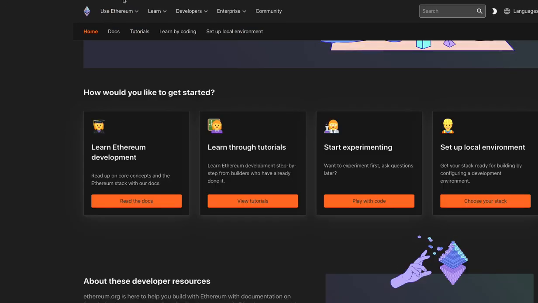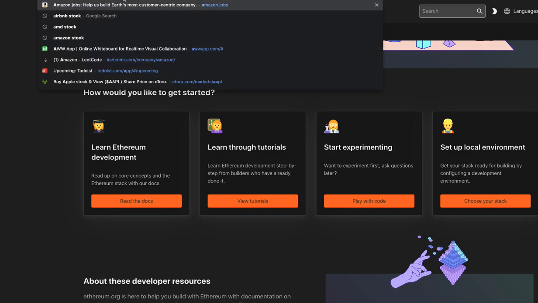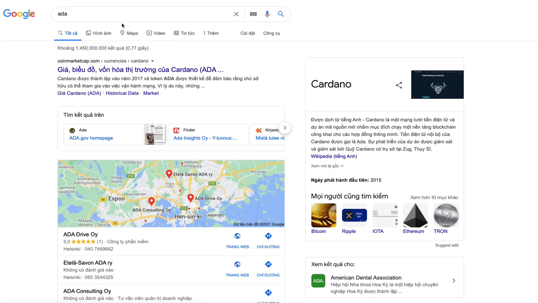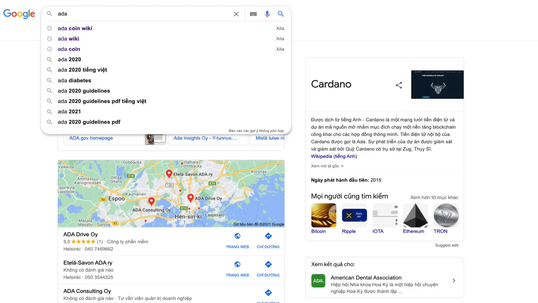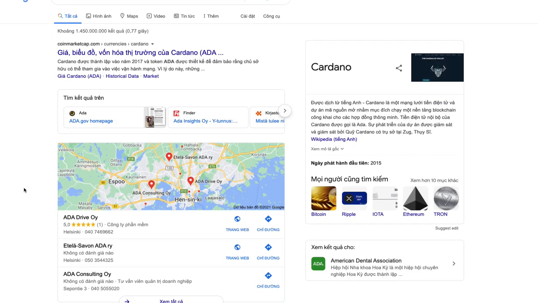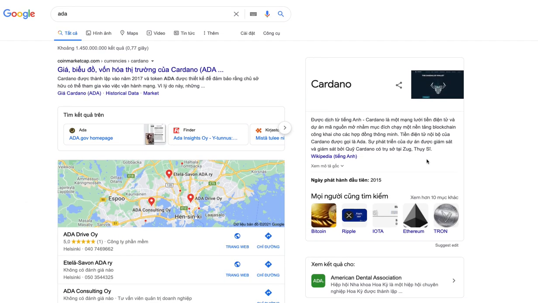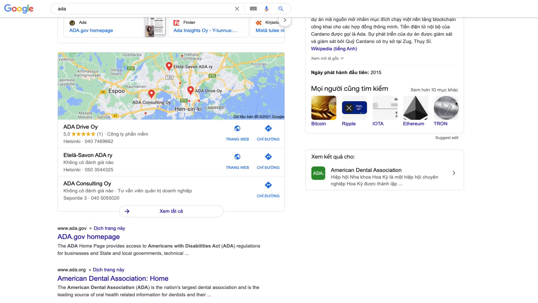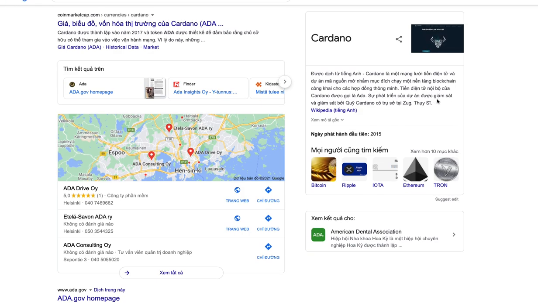Then, for example, if you go to ADA, like I always say, you start with the basics: Wikipedia, and you read several pieces of information. Try to Google the creator of it. Where is the creator?